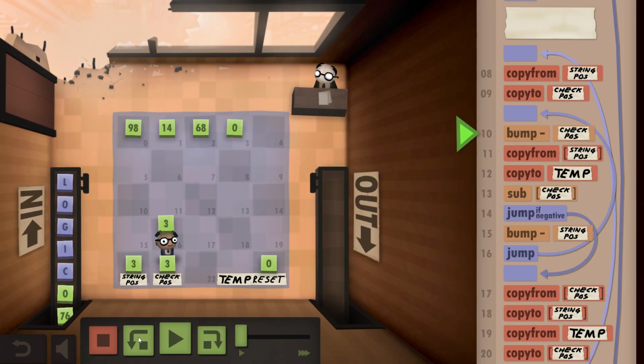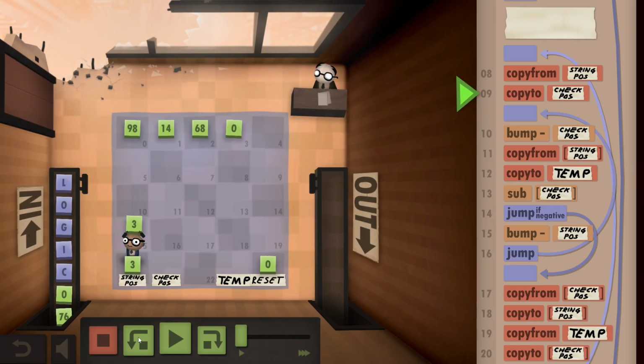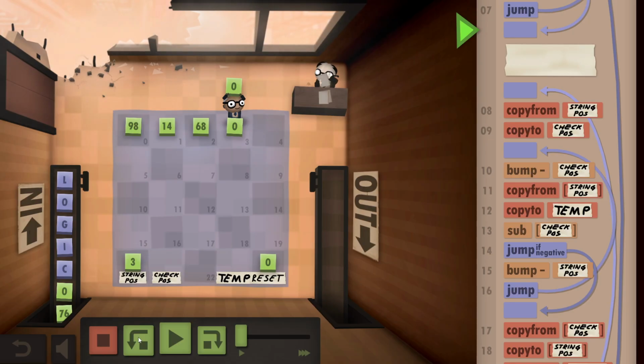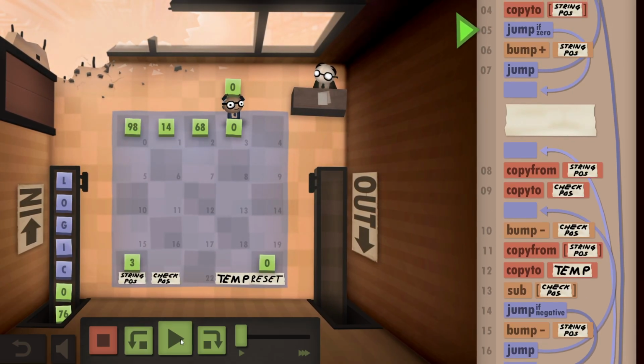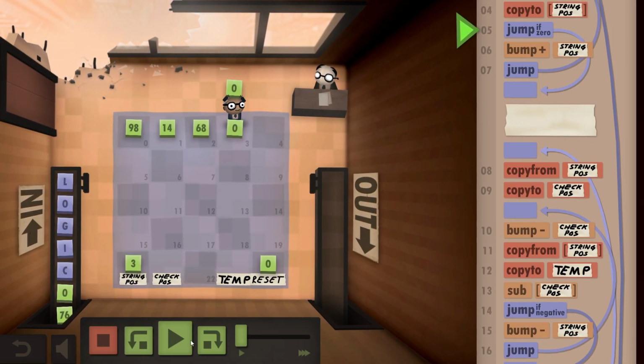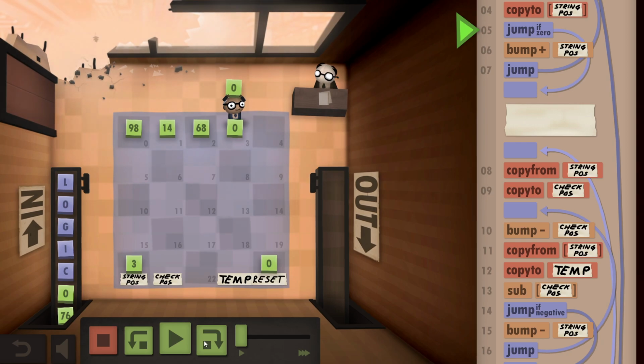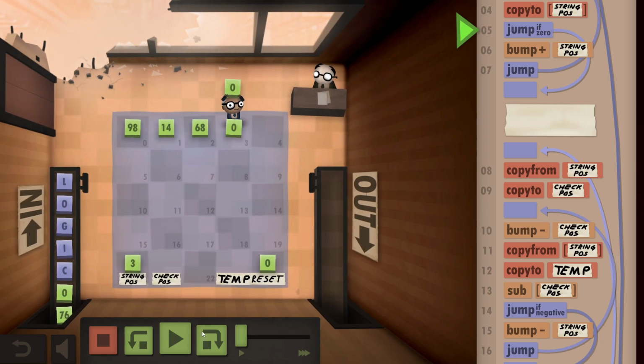So we don't need to check 0. Here needs to be 2. If it's 0, we didn't bump it, which is surprising. So I need to start with bump minus, because we don't want to check versus 3. Last one.